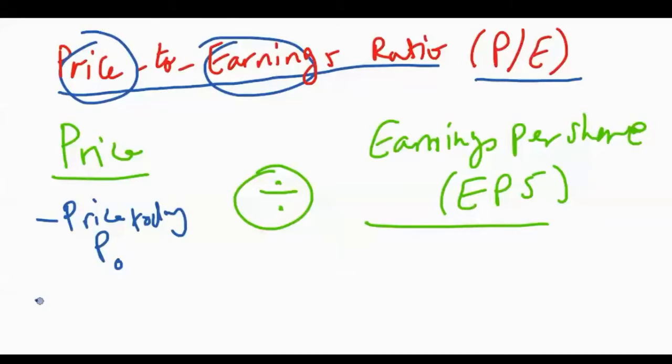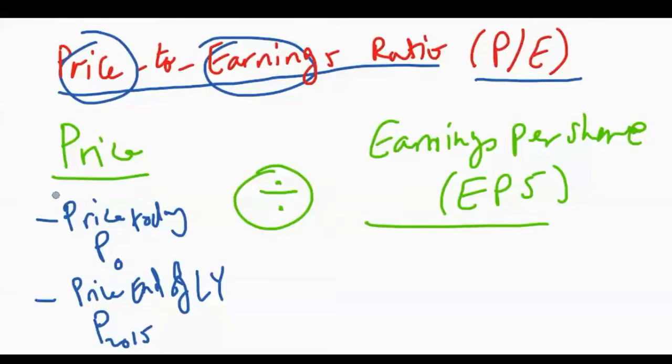We could also use the price at the end of last year, for example, the price of the stock at the end of 2015. So we can look at the price today, or we can look at the price at any period of time.